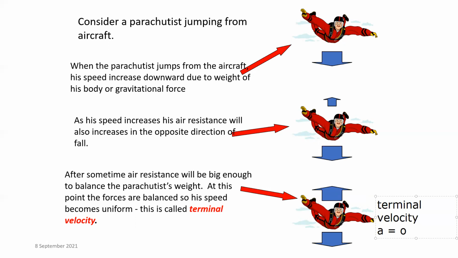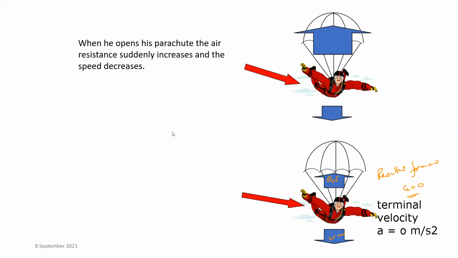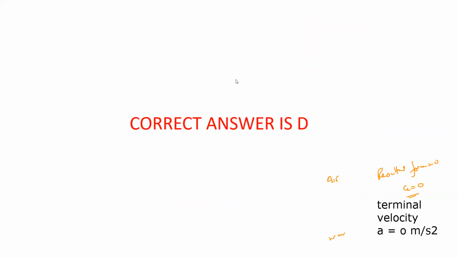The term terminal velocity means constant velocity where the acceleration is 0. So whenever the object is moving with a terminal velocity, the resultant force should be 0, or we can say acceleration should be 0, or air resistance balances with the weight. And the same thing happened for the last picture as well, air resistance balances with the weight and he's moving at a terminal speed.